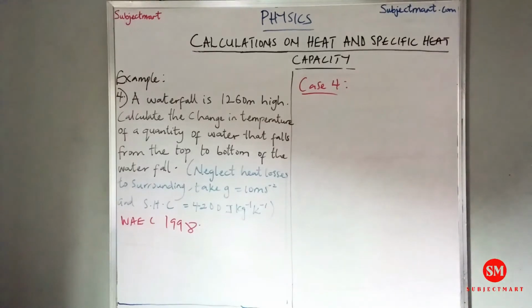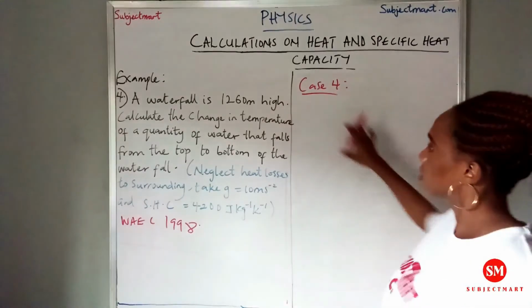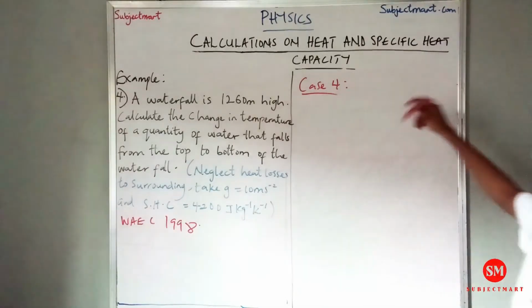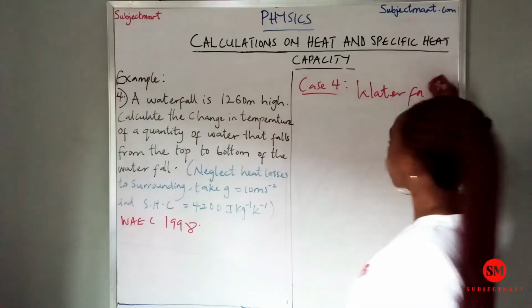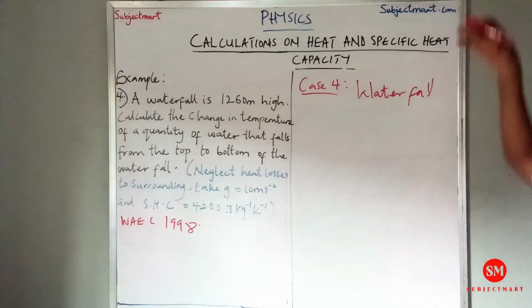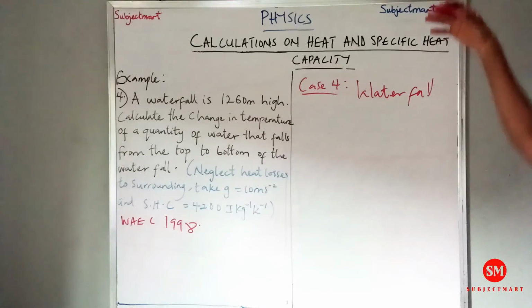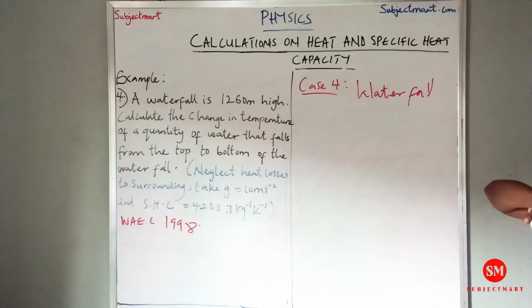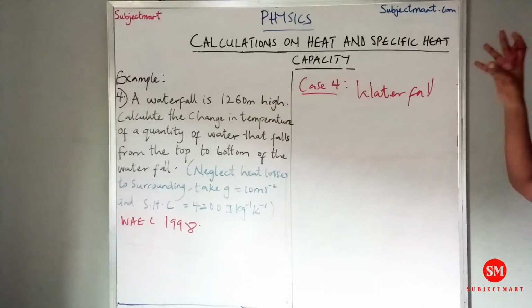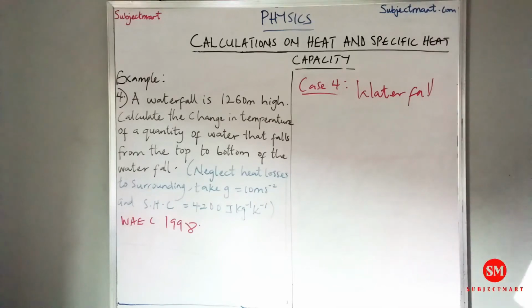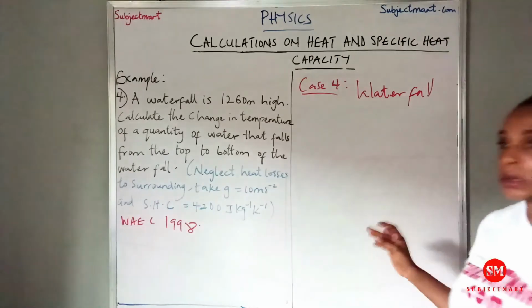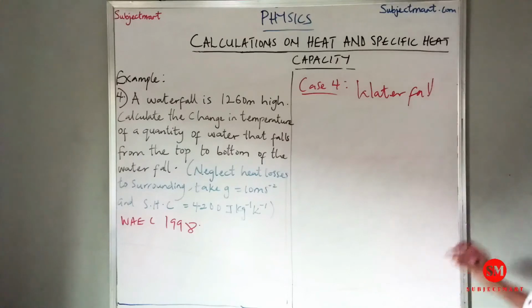The case we will be considering, which is case 4, is that of waterfall. That's for water falling at a height. Initially, it possesses potential energy, but as it falls down, the potential energy is converted to kinetic energy.